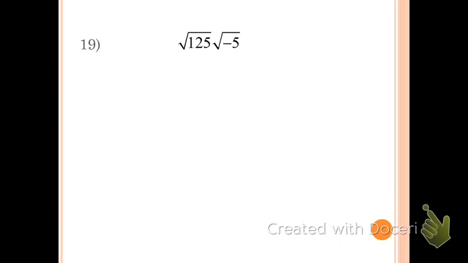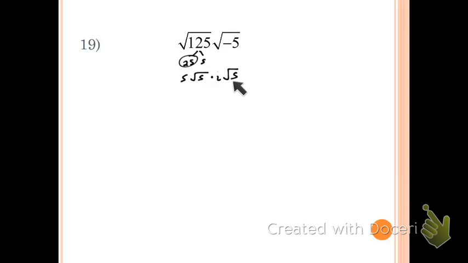Okay, it's your choice how you want to approach this one. I would break down the square root of 125 first. Isn't 125 25 times 5? And isn't the square root of 25 5, square root 5 times i square root 5? Now be careful here.